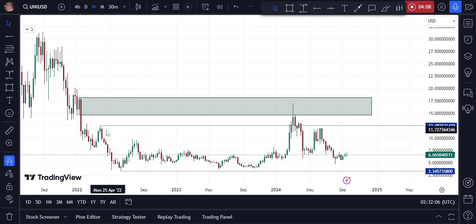The reason for this structure line is to find out whether the market is still going to go down by creating more lower highs and lower lows, or the market is actually going to reverse by creating a higher high and higher low.